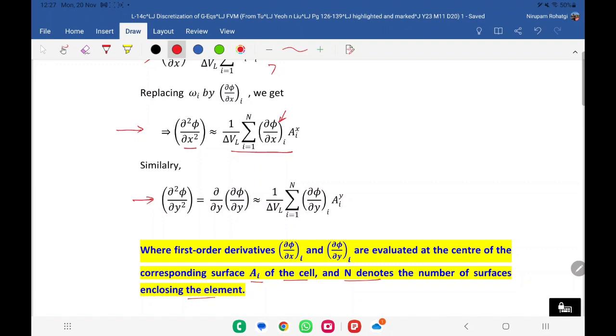But that is just to show that the things are similar. Of course, as you go forward, the formulations will become different. Okay. So this is all about FVM.